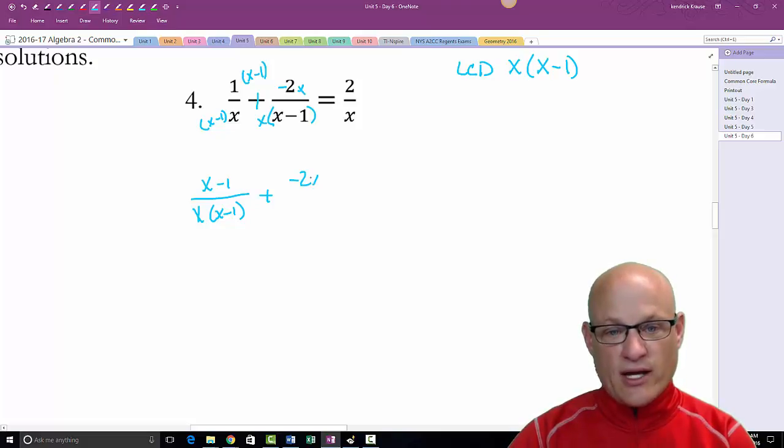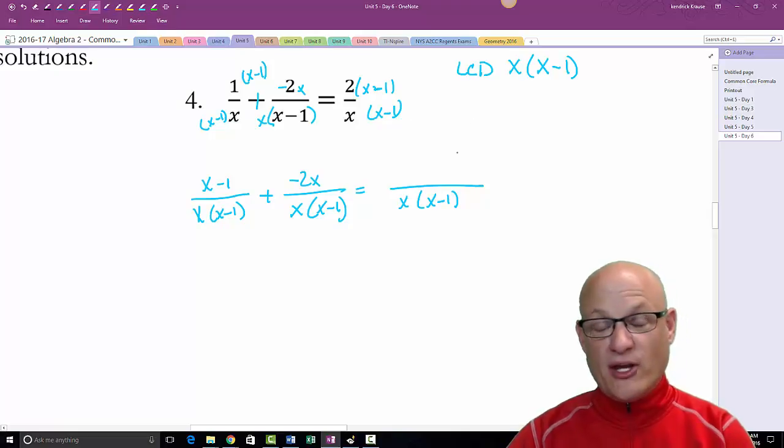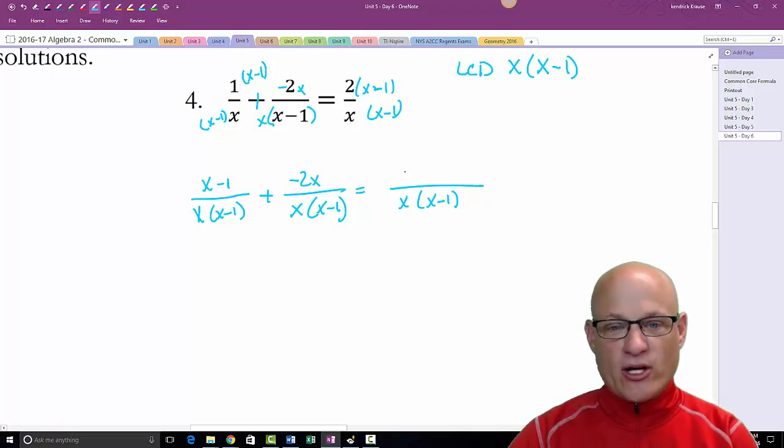So we get negative 2x over x minus 1. And this one's missing an x minus 1. So we got to put an x minus 1 in the numerator and denominator. Love saying denominator. So the numerator would be 2x minus 2, right?